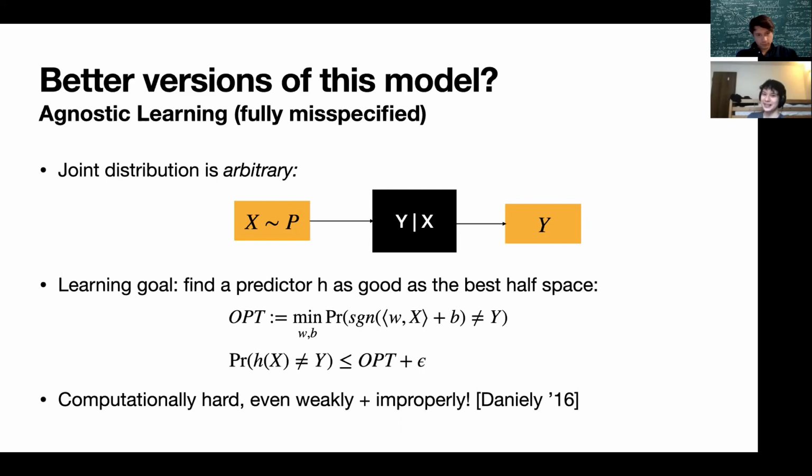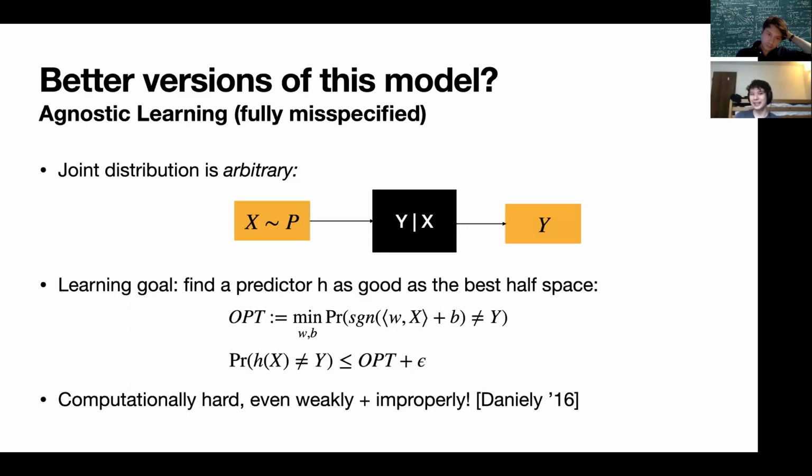A little more formally, we would define opt as, over all half spaces, which are parameterized by the weight and bias, what's the lowest error you can get? And our goal is to find a predictor H, usually a half space itself, such that the probability that H is incorrect is only slightly bigger than opt. So it's basically as good as the best half space.